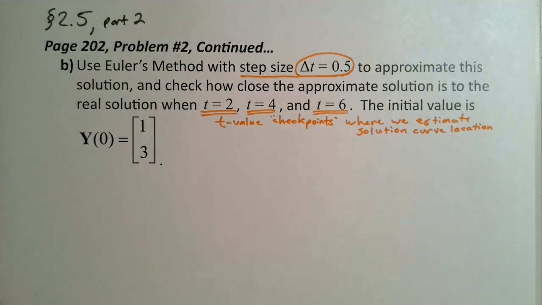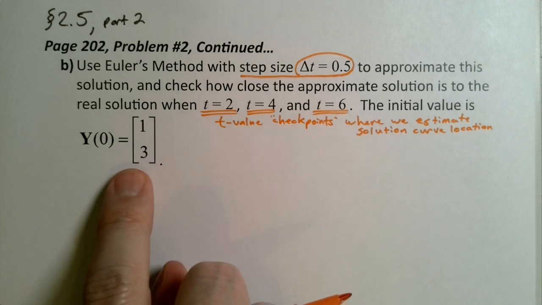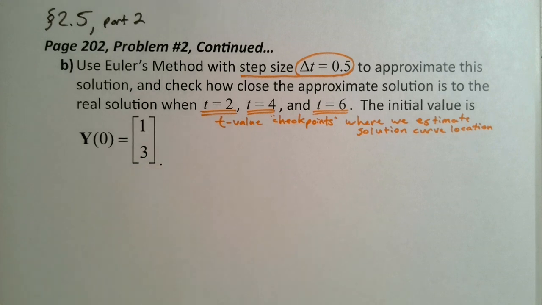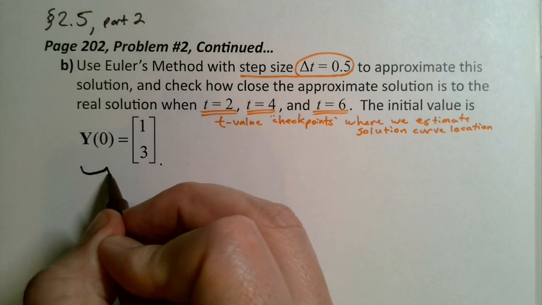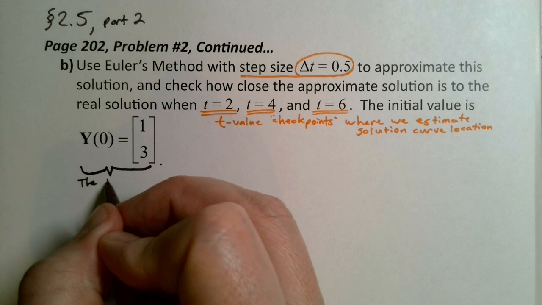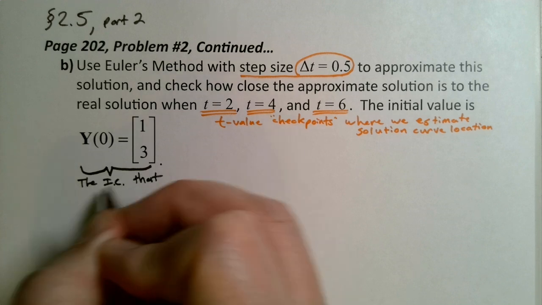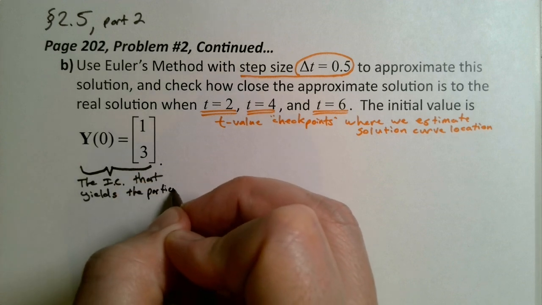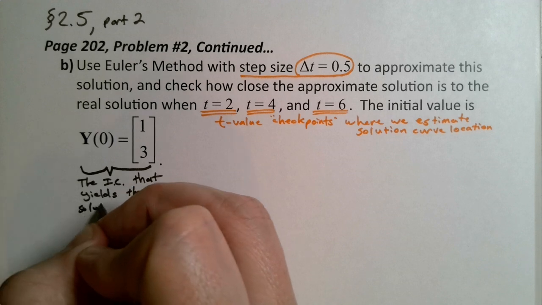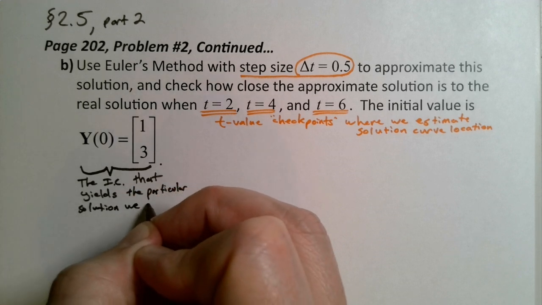So the whole point of Euler's method is that you start at a known value and you move forward from there. So we need to have some initial value, which is given to us right here. Remember, this initial condition written in matrix form can be decoded, and this is the initial condition that yields the particular solution that we just verified.